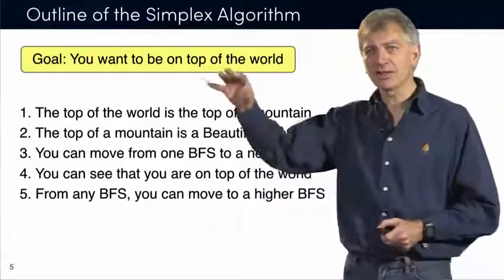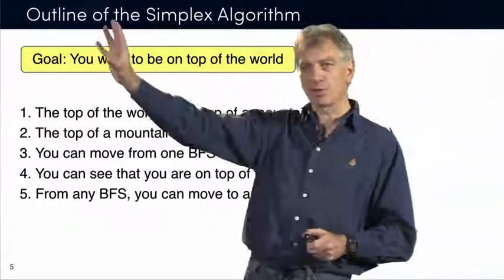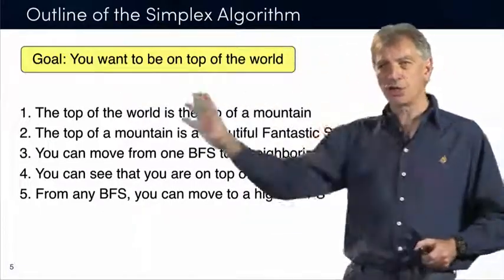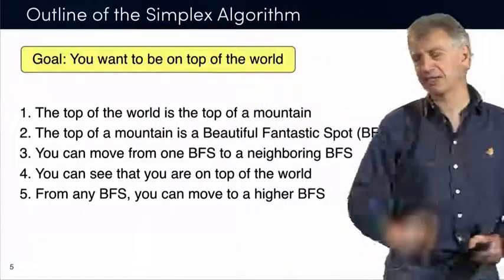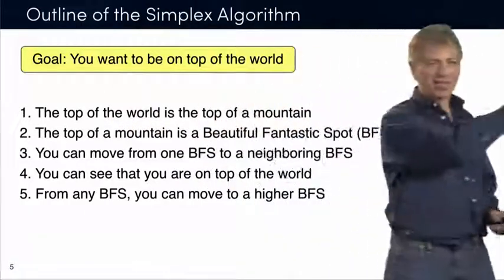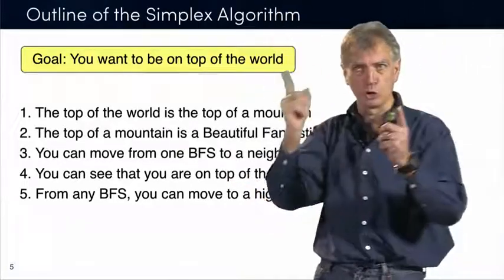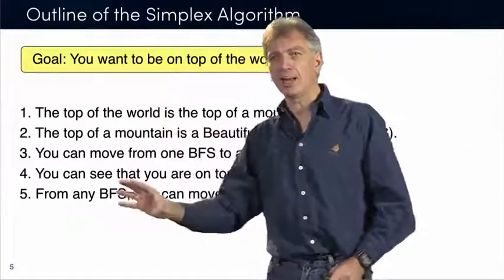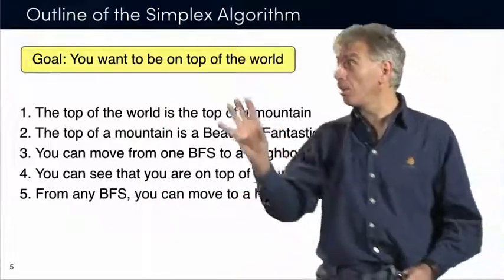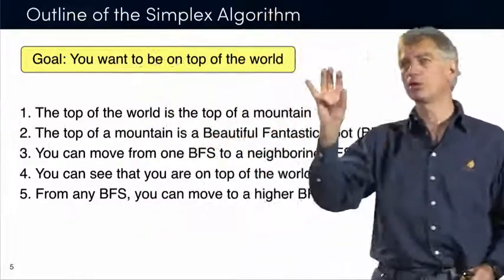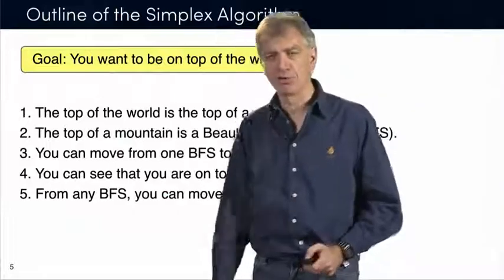It's as simple as that. You know that the top of the world is the top of a mountain, that the top of a mountain is a beautiful, fantastic spot, that you can move from one beautiful, fantastic point to another neighboring one, that when you are on top of the world, you know it, and that every time you are at a beautiful, fantastic spot, there is a way to go to a higher one.